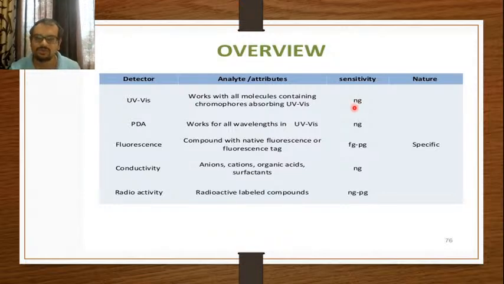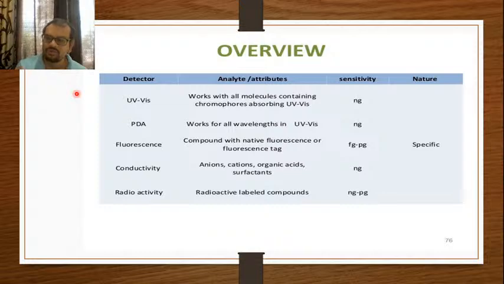Remember, there is another technique called derivative spectroscopy. In derivative spectroscopy, you convert the non-absorbing compound into an absorbing compound with the help of a chromophore which gets attached to your non-absorbing functional entity, and then it will show chromophoric activity. Suppose the compound of your analysis does not absorb any light in the UV visible range.